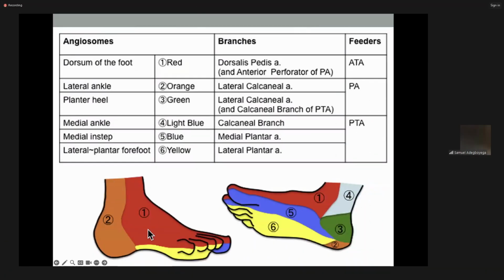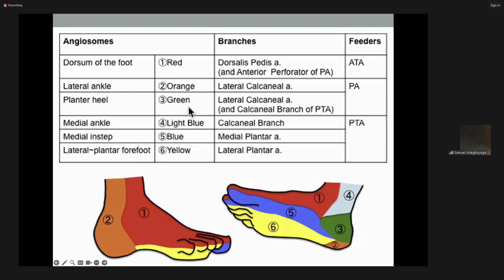If a patient has a wound on the dorsum of the foot, you worry about your dorsalis pedis, your anterior tibial artery that will supply that area. Again, just know your branches, know your feeders. The feeders are the main branches. If it's more lateral, it's going to be fed by the anterior peroneal of the PA.